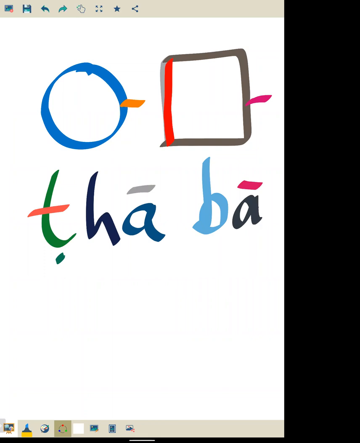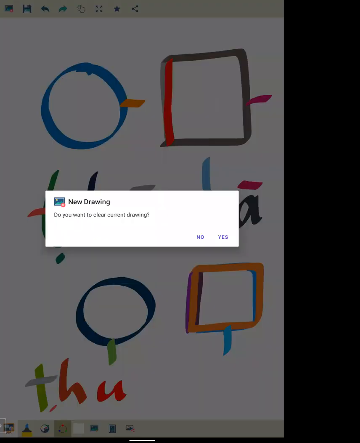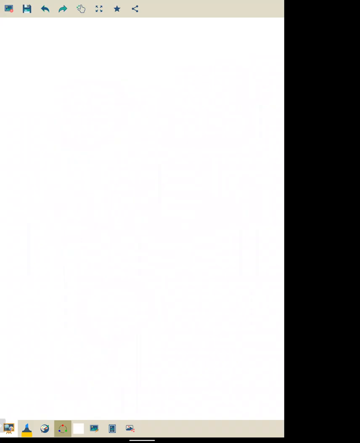Tha and ba. Instead of thu and bu, again tha. Thu and bu. See the position. And just you imagine, and after the class, I'm going to send you the whole chart with all the matras. So that will not be a problem for you to recognize.